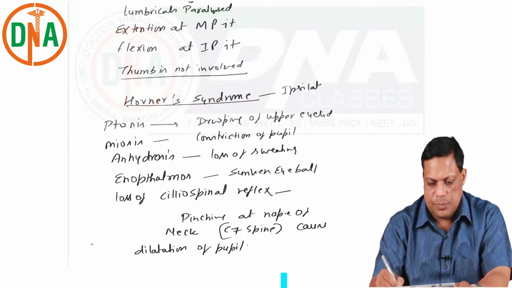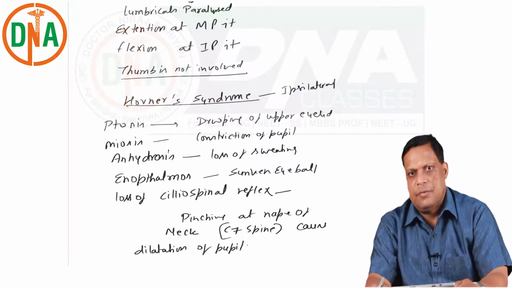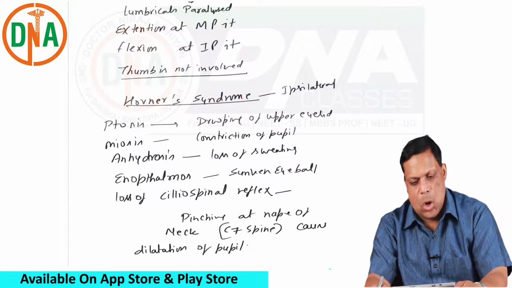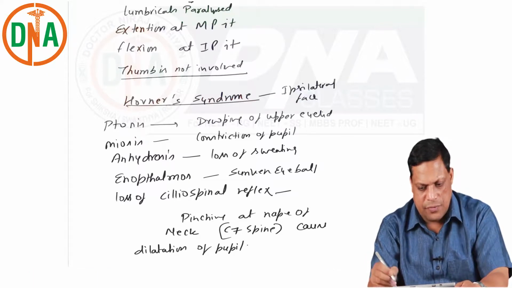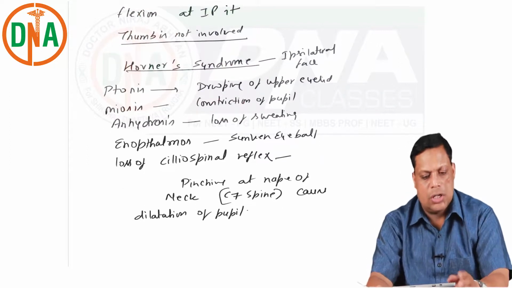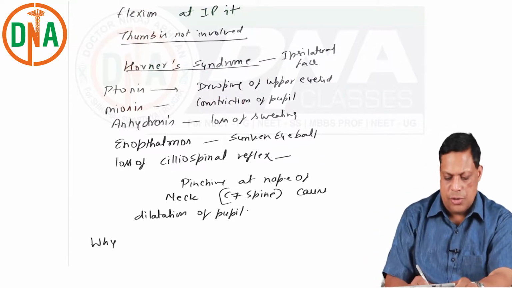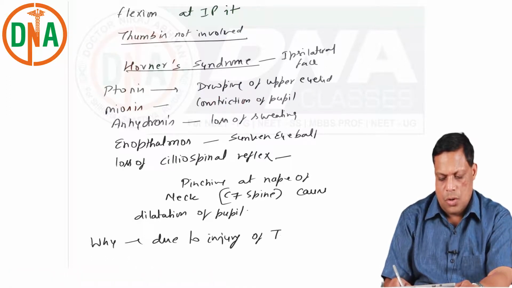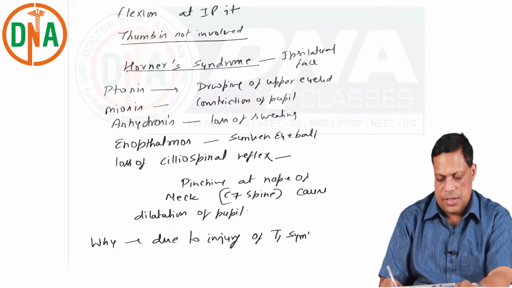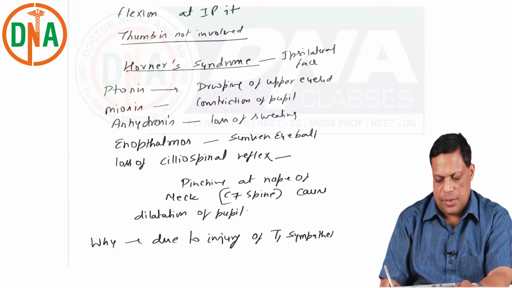This Horner syndrome occurs on the same side. It is ipsilateral. The injury happens on which side of the axilla? Same side of face is involved. So ipsilateral face is involved in Horner syndrome. Why Horner syndrome? Due to injury of T1 sympathetic fibers.